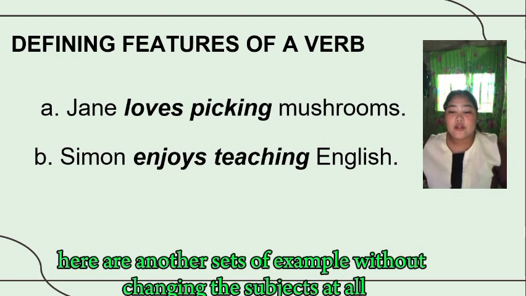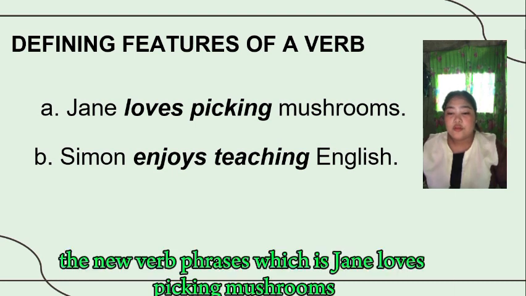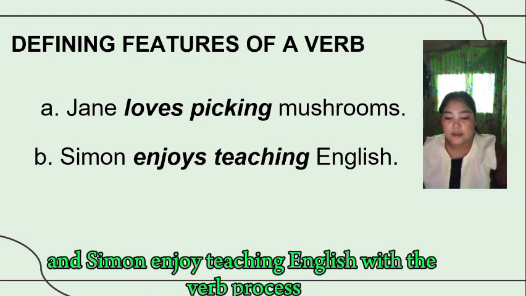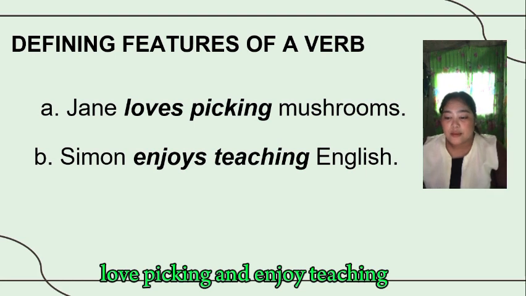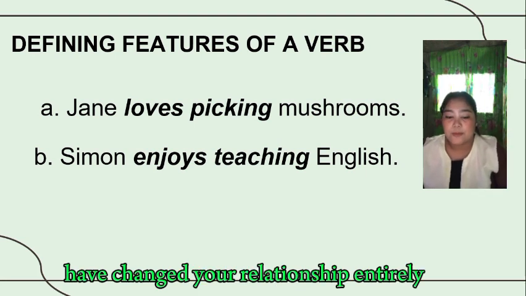Now here are another set of examples without changing the subjects at all. The new phrases are Jane loves picking mushrooms and Simon enjoys teaching English. With the verb phrases loves picking and enjoys teaching, the relationship has changed entirely.